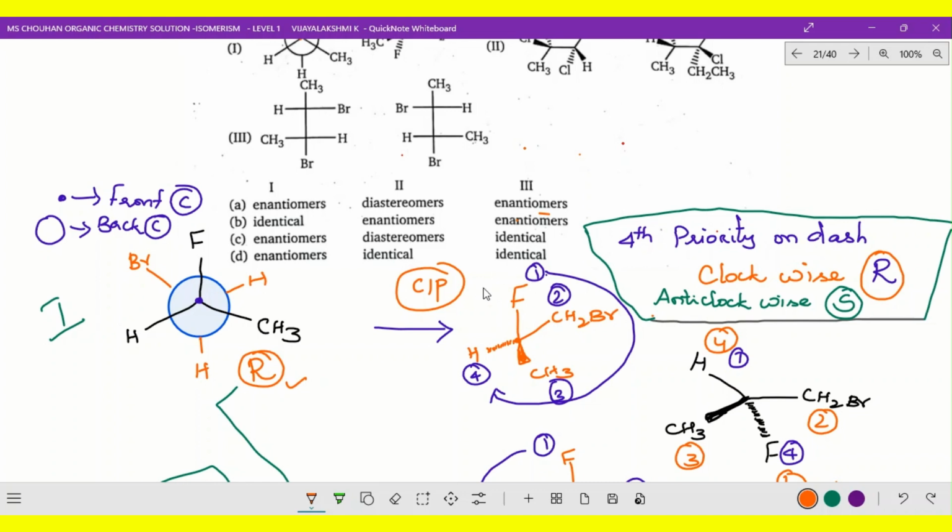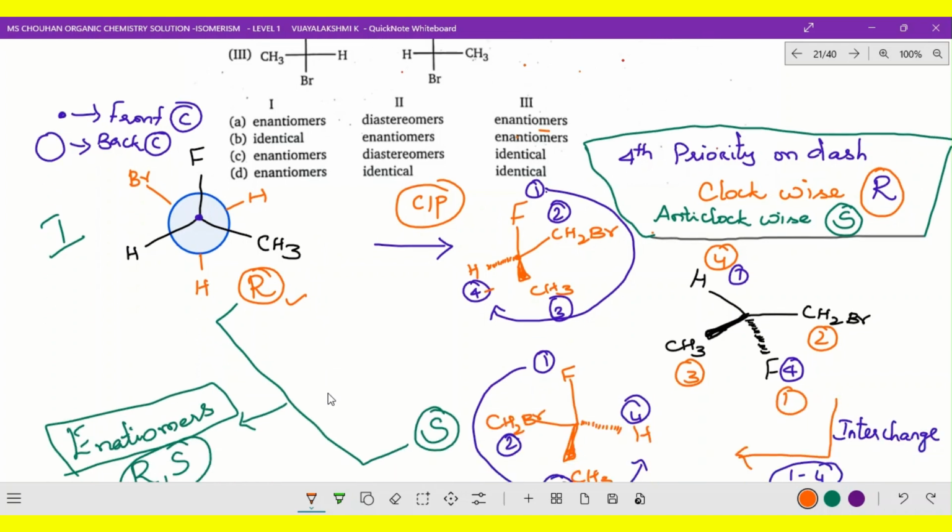Now according to the CIP rule, the first priority is fluorine because of higher atomic number. So 1, 2, 3, 4, you get clockwise, with the fourth priority on dash. Clockwise is R and anti-clockwise is S. So it is clockwise, so you are getting R. In the first pair, first compound, it is R.